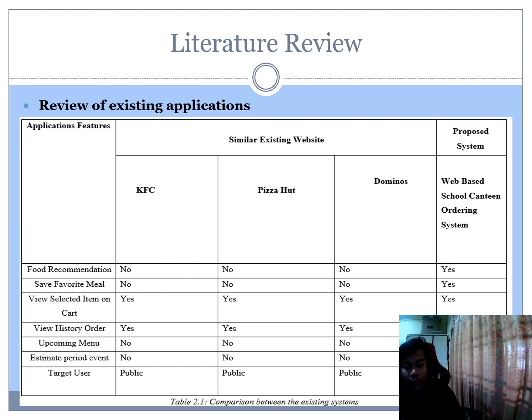So the next one is estimate period event. Let's say KFC put the highlight chicken burger pepperoni. They don't put the estimate period event, so the customer doesn't know when this event is going to end.